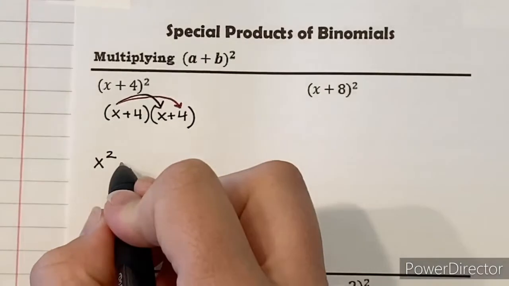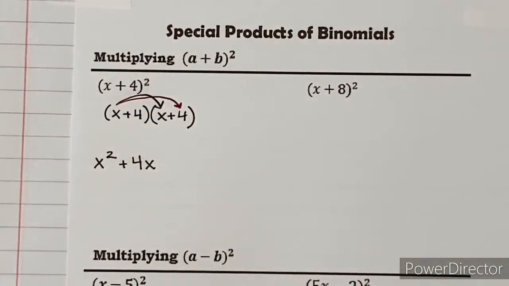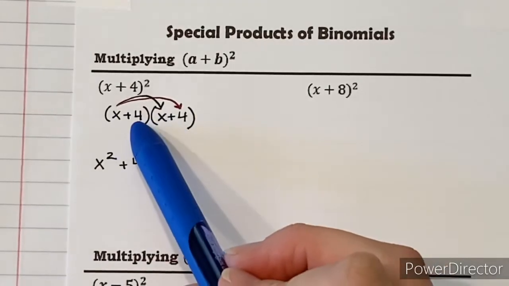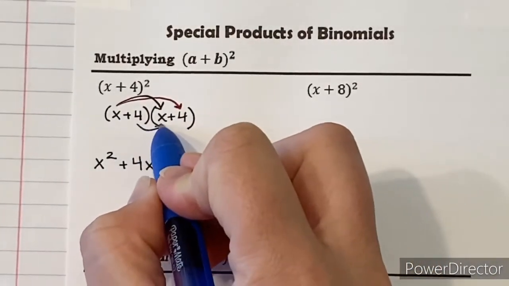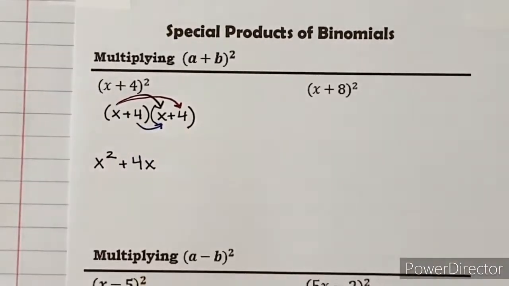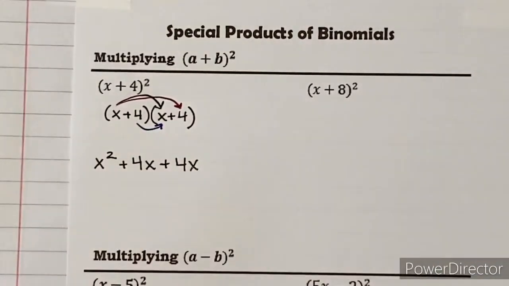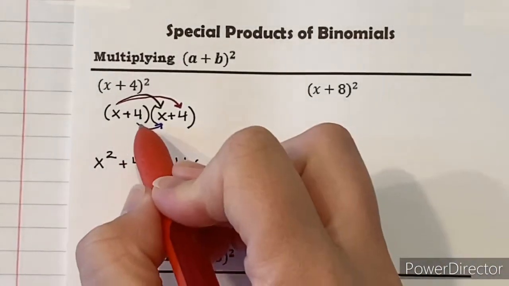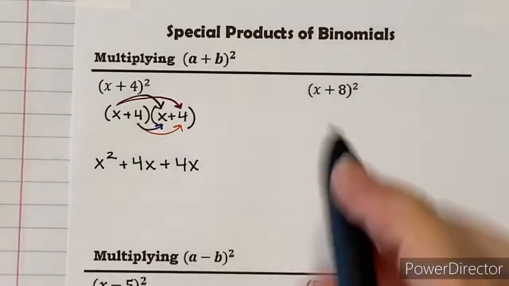So we'll do plus 4x. And then I've distributed that x in there, so now I've got to distribute the 4. So I'm going to draw those arrows underneath. So now we're on the letter I, so that's inside terms. 4 times x is 4x. And then L is last, and that's 4 times 4, which is 16.